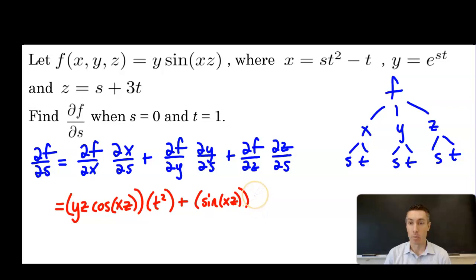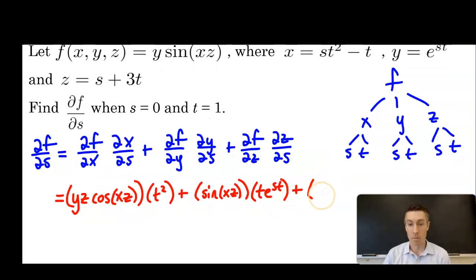And partial of y with respect to s is t e to the st. And then plus partial of the function with respect to z is xy cosine of xz. And then partial of z with respect to s is 1.